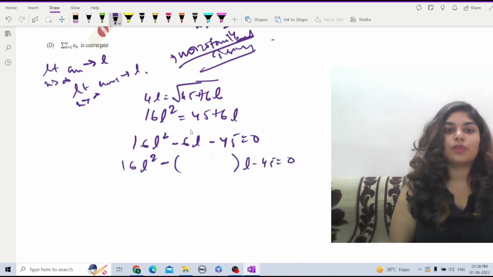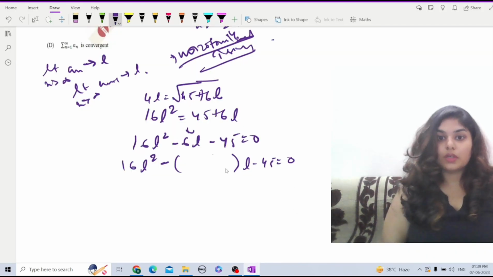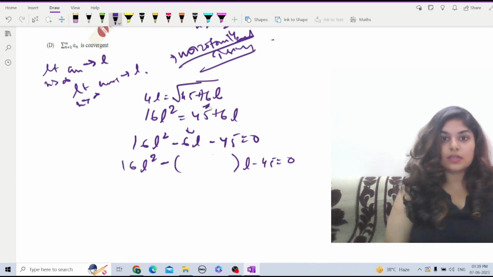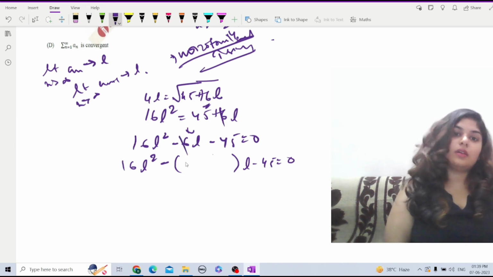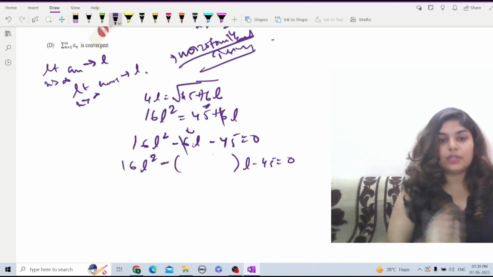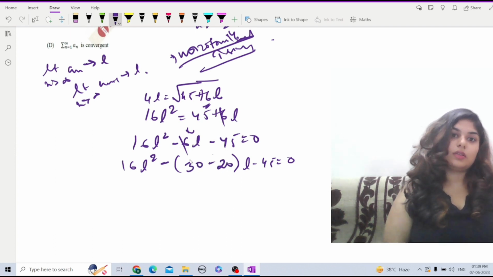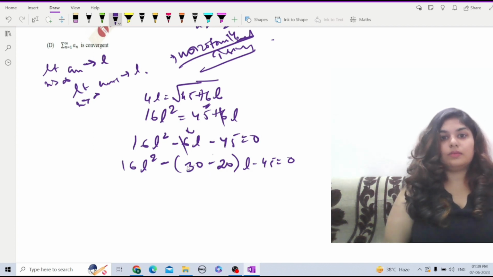Now the question is how should we factorize it, right? Oh, there is a silly mistake here. This is 16, right? So this is 16 and this is 16. Now we can factorize it, and we will get 36 minus 20, 36 minus 20 is 16, and 36 into 20 is 45 into 16.